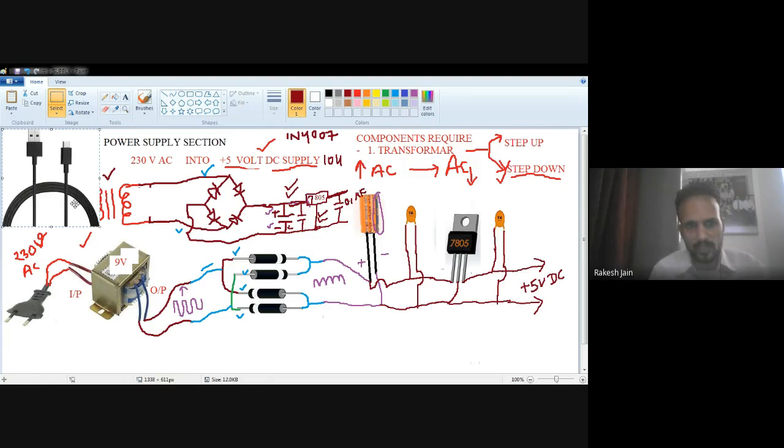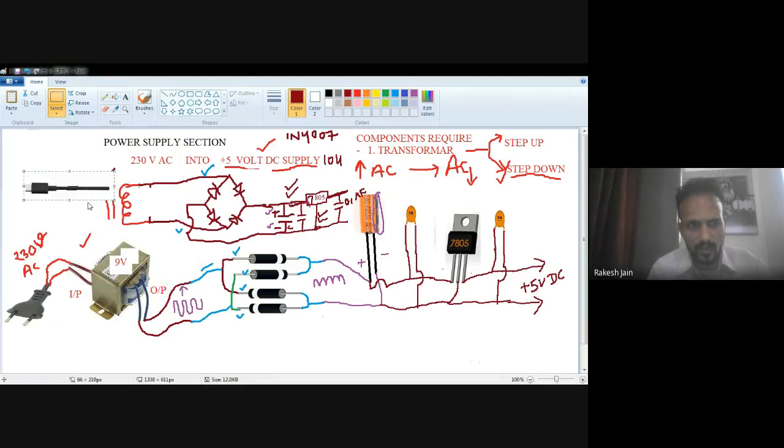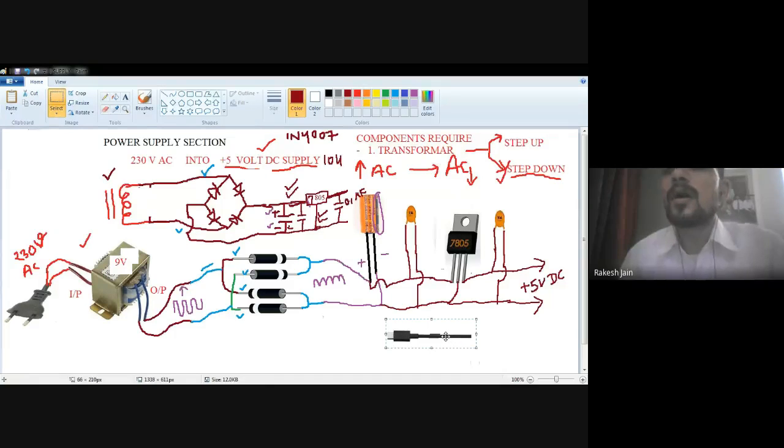Okay, we don't require this side. You know that this is a mobile charging cable which I have to put in my mobile socket. Is it visible? Yes. So I have to wrap that one.